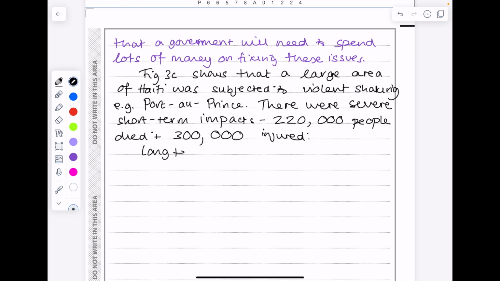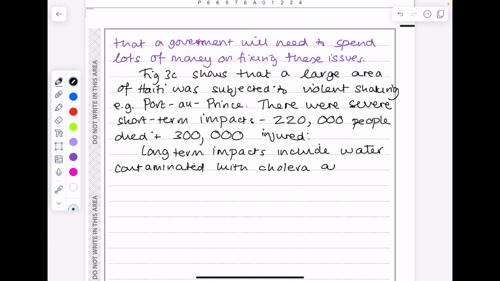Long-term effects include water contaminated with cholera and a large number of people made homeless.